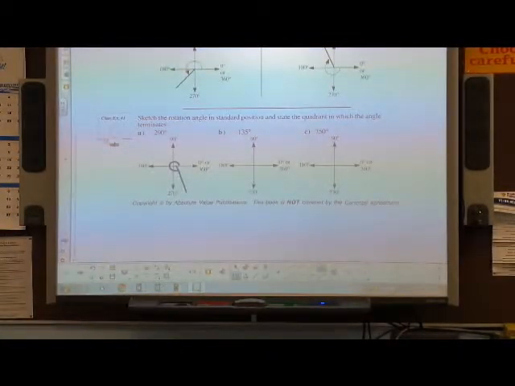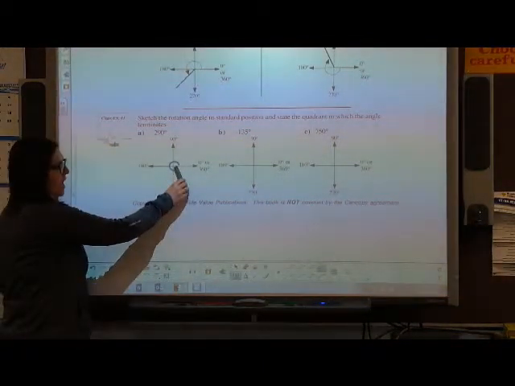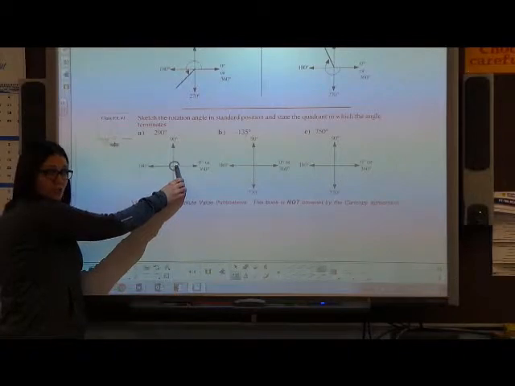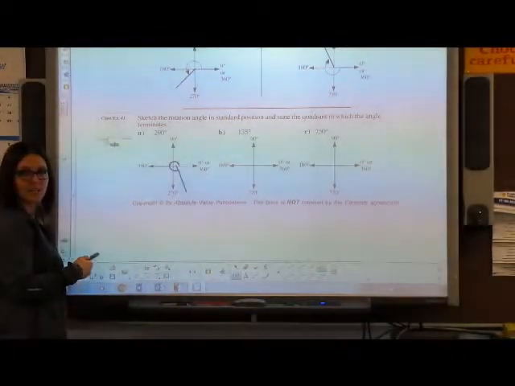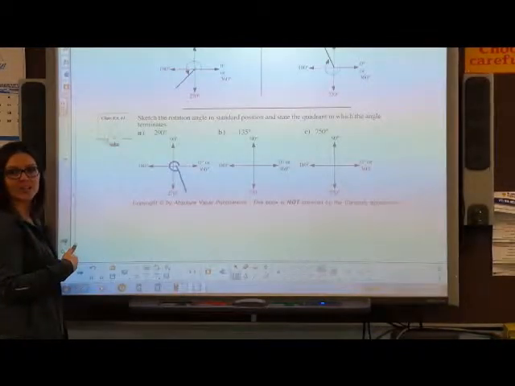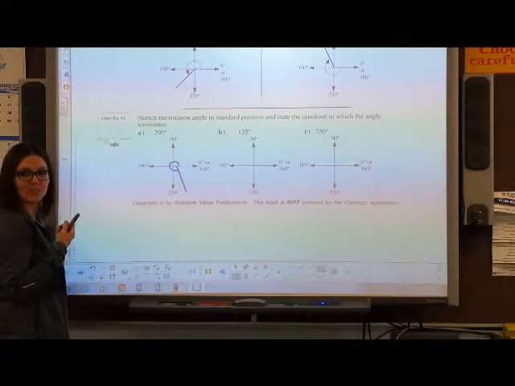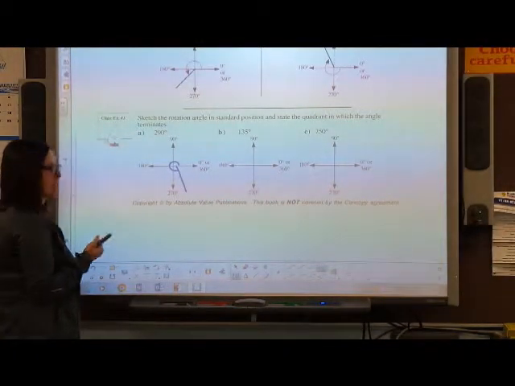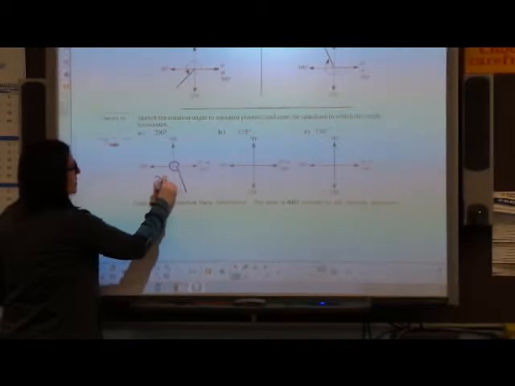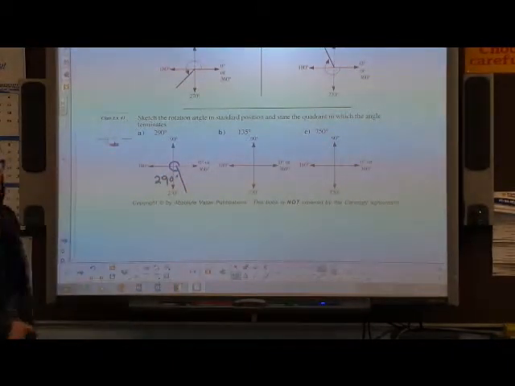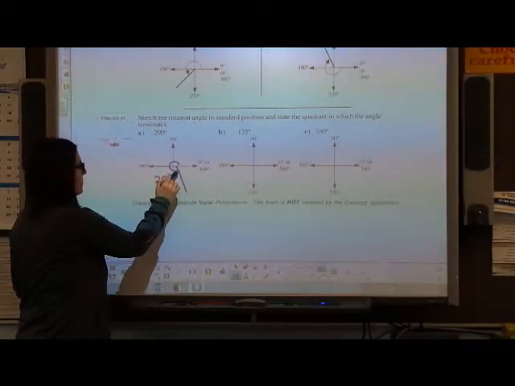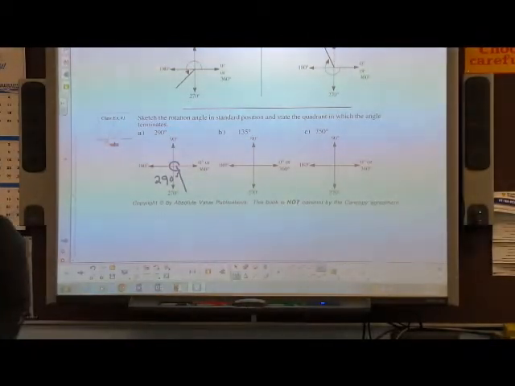I'm not going to take out a compass and make sure it's exactly 290 degrees. However, this line should be drawn closer to the 270 than the 360. So some measure of accuracy, but I'm not looking for precise. Then I would label it 290 degrees, and then I show the arrow.